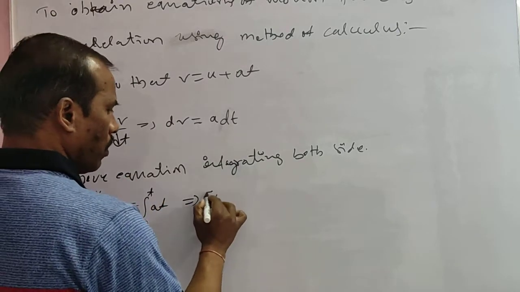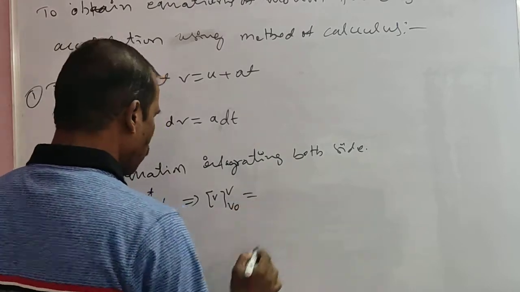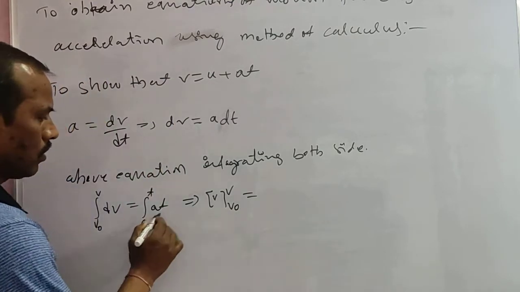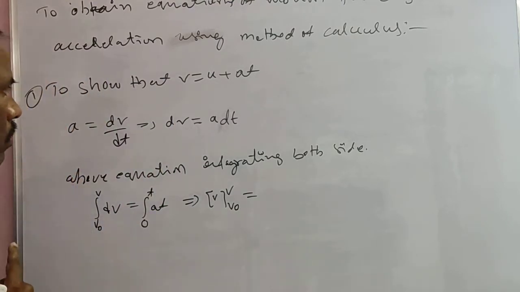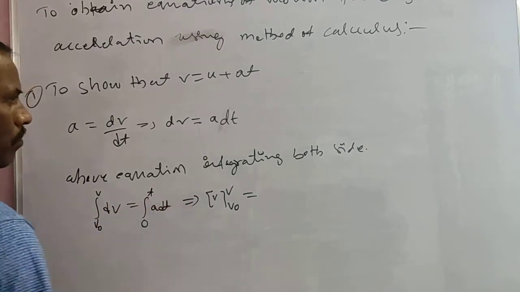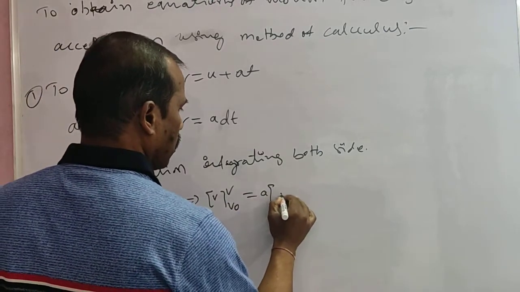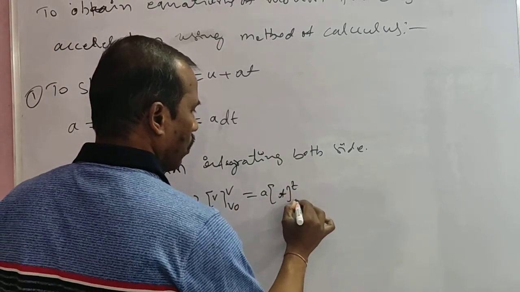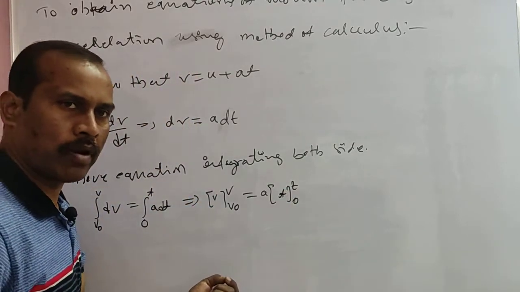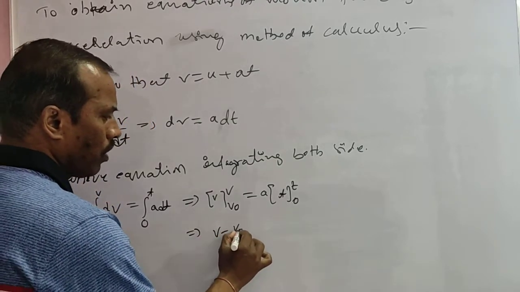So v minus v naught is equal to a, since a is a constant, integral of dt, upper limit t and lower limit 0.